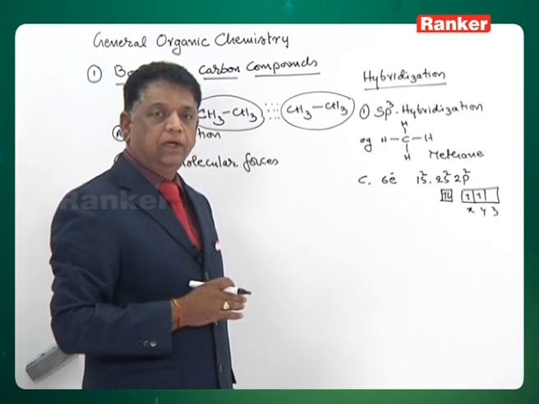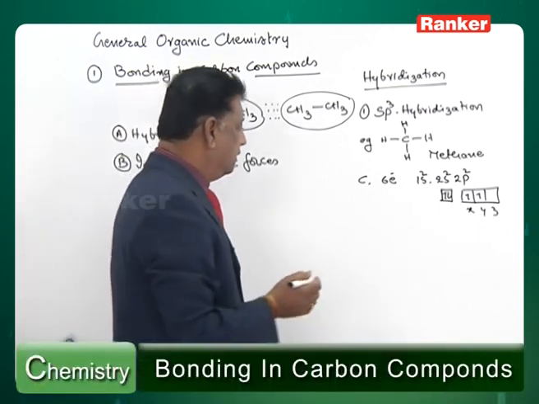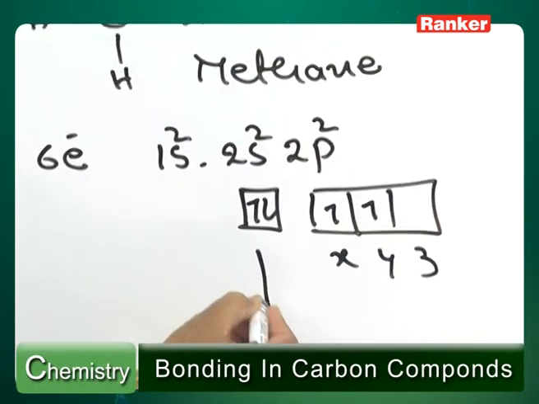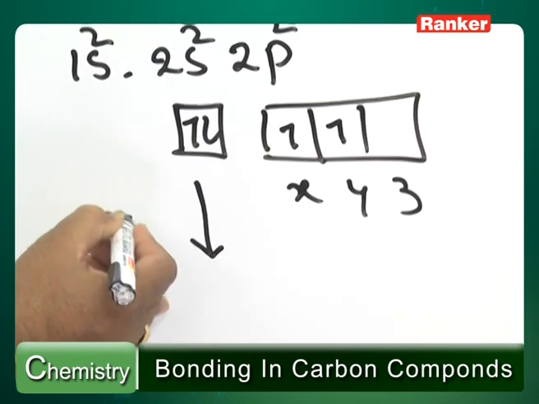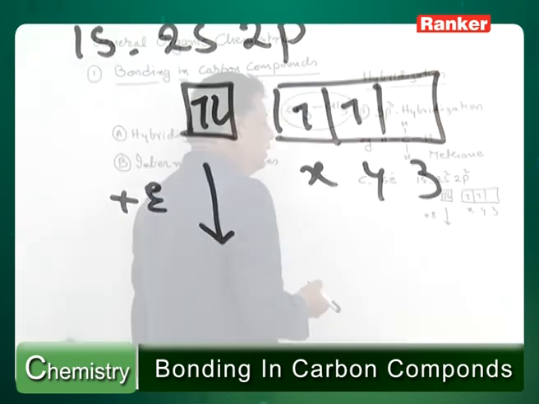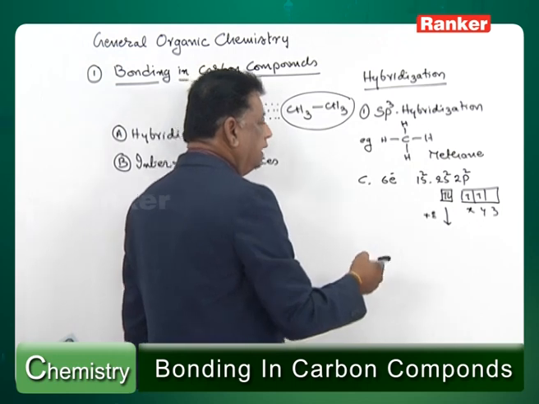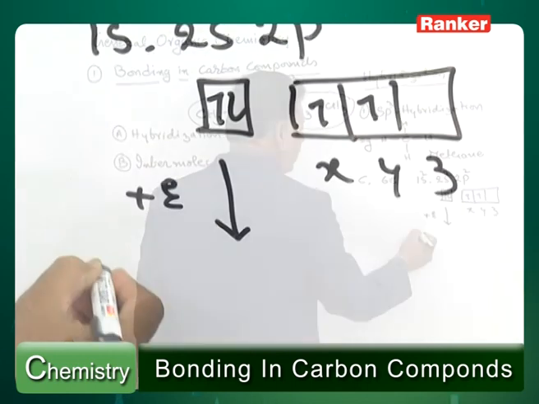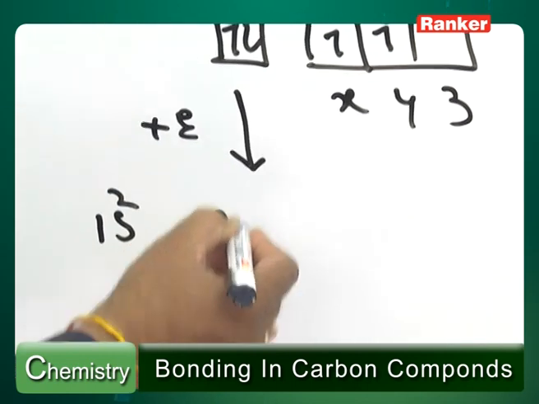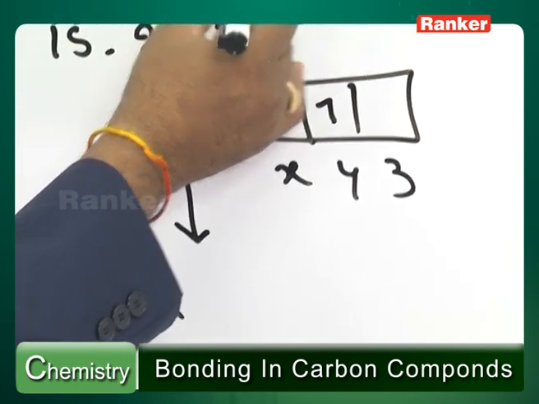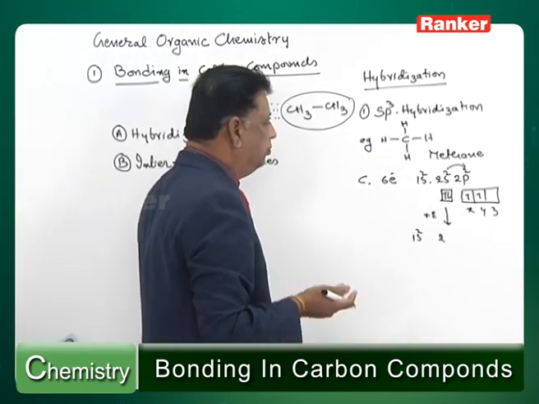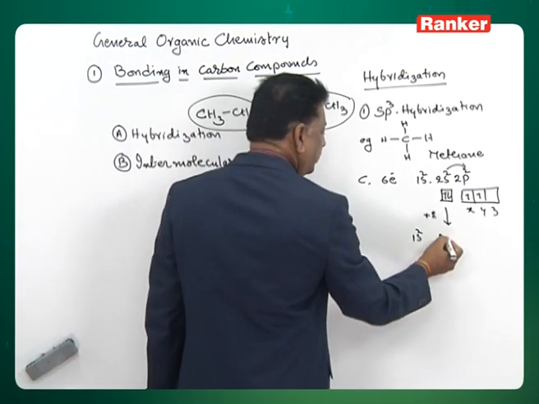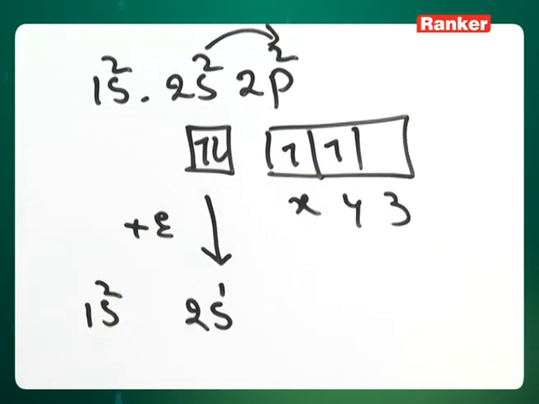Consider this as the ground state electronic configuration. With the available energy, it undergoes excitation, wherein 1s2 remains intact, but 1 electron from the s orbital jumps to the p orbital. We call it excitation.